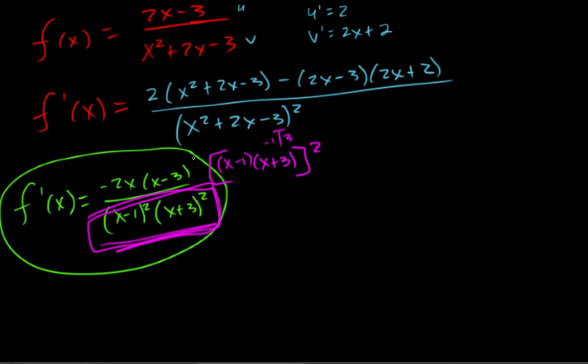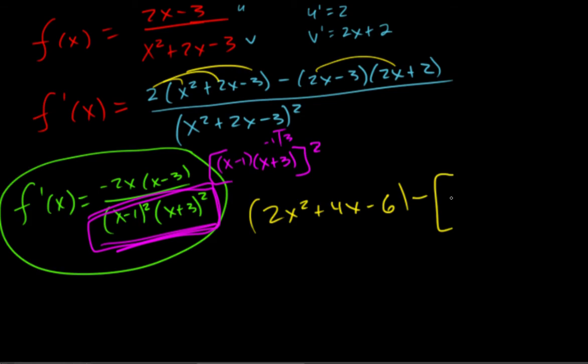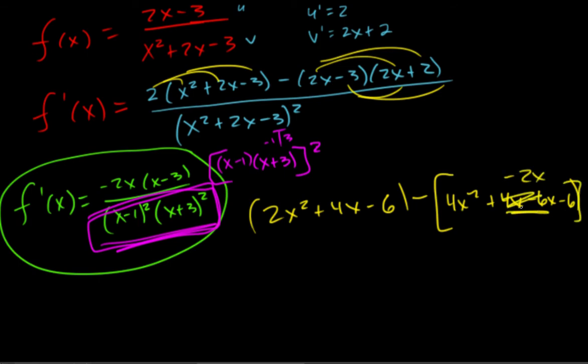Now we just need to make the top look like the top over here. So we're going to distribute right here. I'm going to get 2x squared plus 4x minus 6. And then distribute over here. We're going to get 4x squared plus 4x minus 6x minus 6. Combine these to negative 2x. Distribute a negative to all of these.